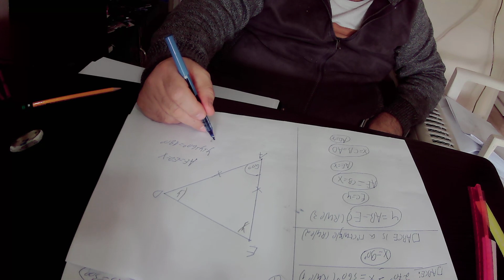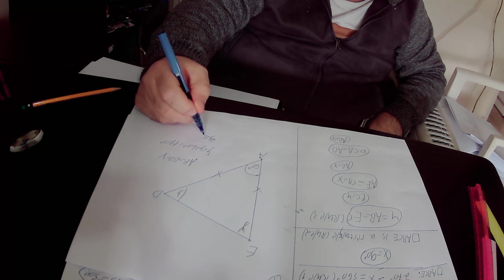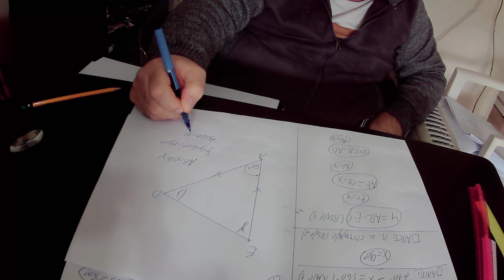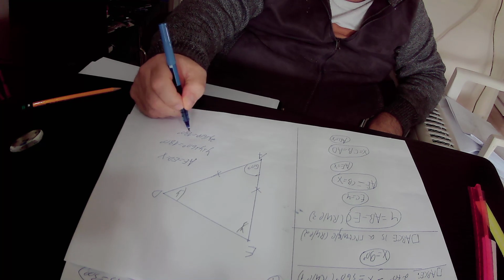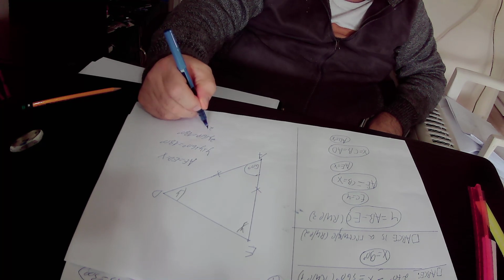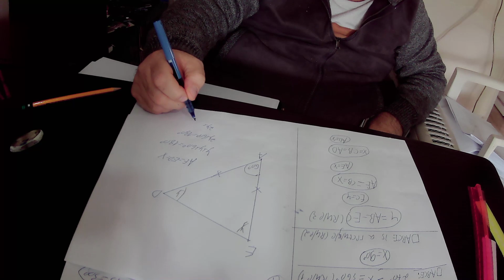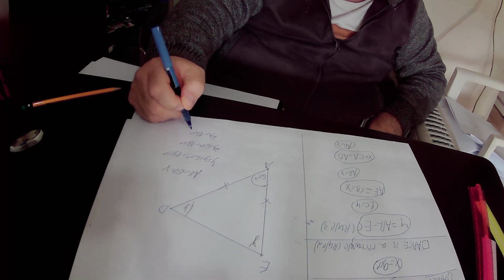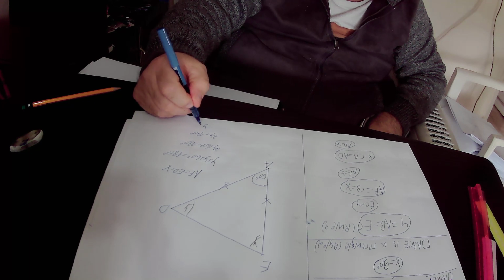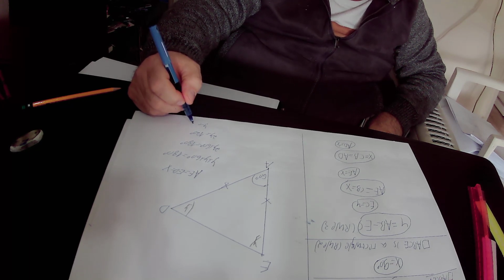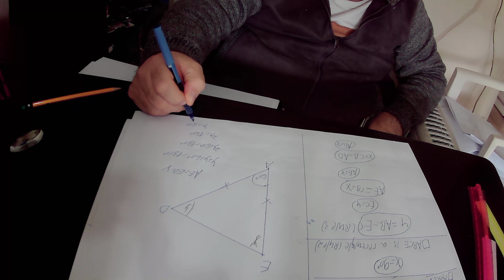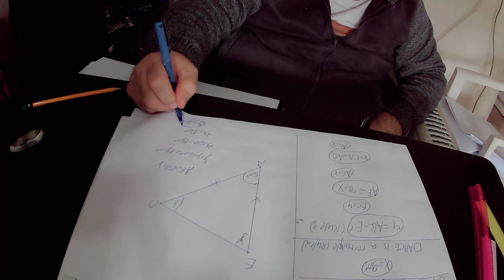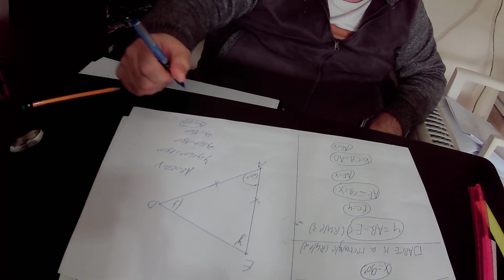Y plus y is 2y, plus 60 degrees must be equal to 180 degrees. We will subtract 60 degrees and we will get that 2y equals 180 degrees minus 60 degrees, which is 120 degrees. We will divide this equation by 2 and we will get that angle y equals 120 degrees over 2, which is 60 degrees.